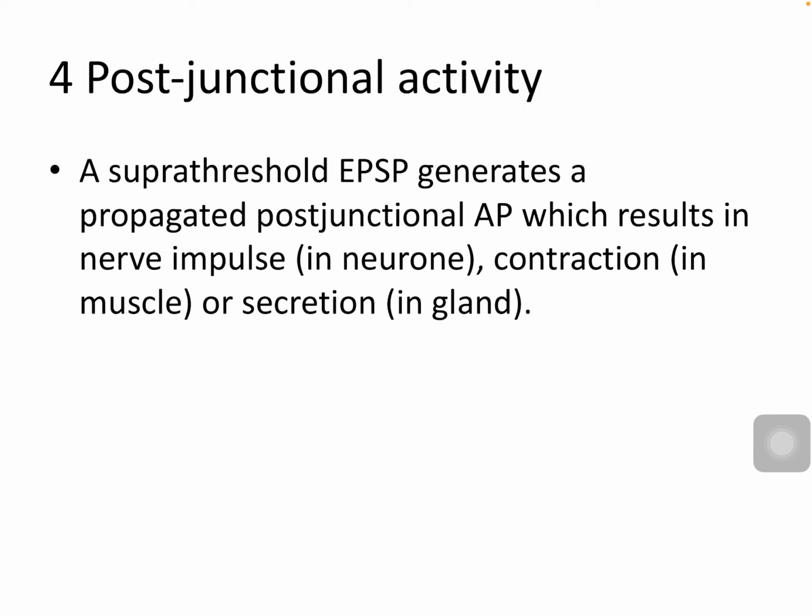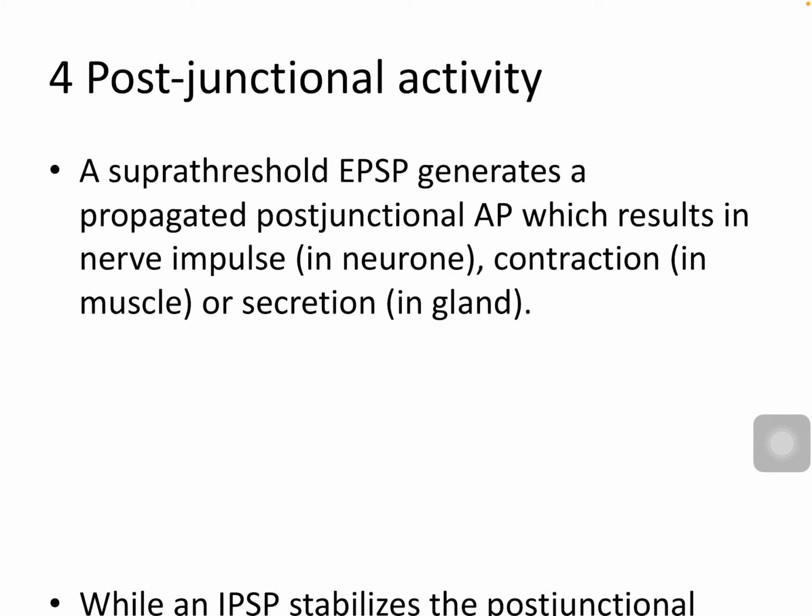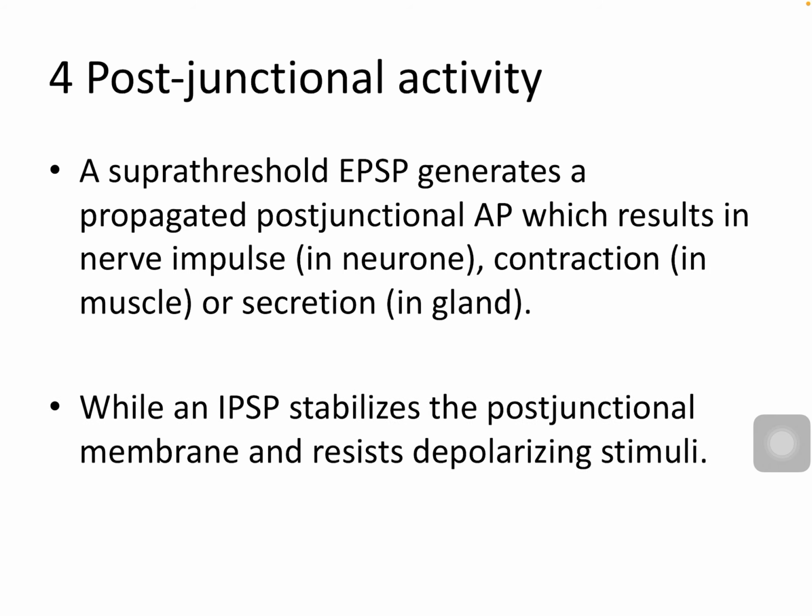If it is a smooth muscle, then it can lead to contraction of that smooth muscle. So depending upon the effector or the structure present post synaptically, the suprathreshold EPSP can lead to some sort of response, while an IPSP stabilizes the membrane and no activity occurs.